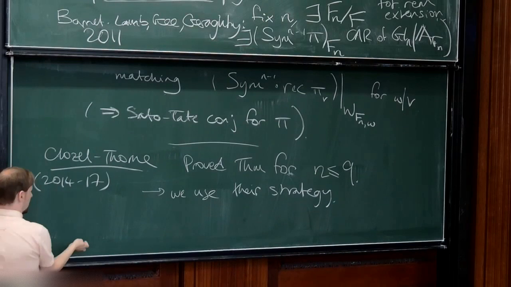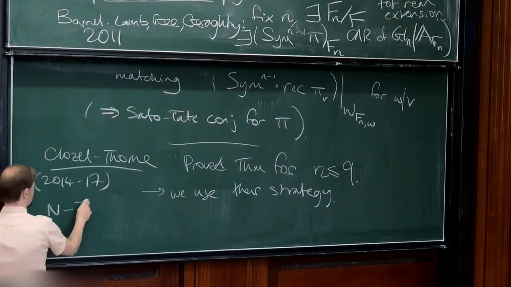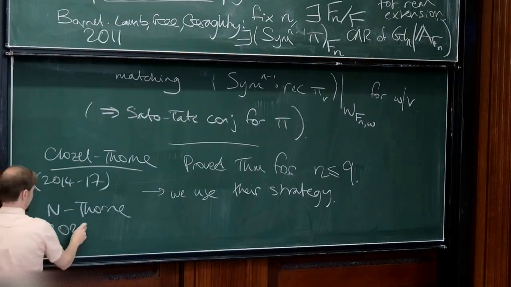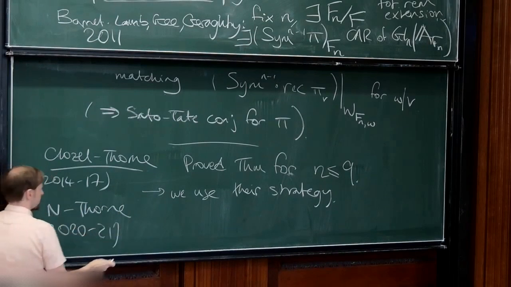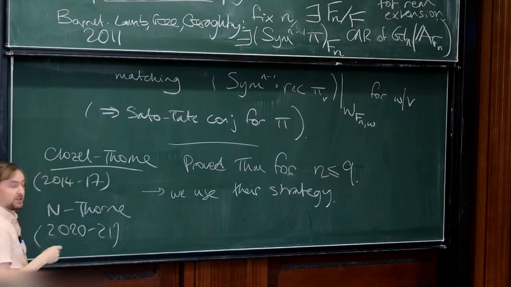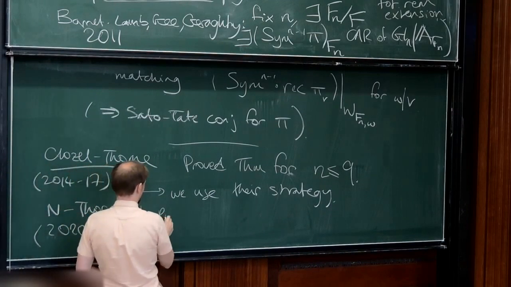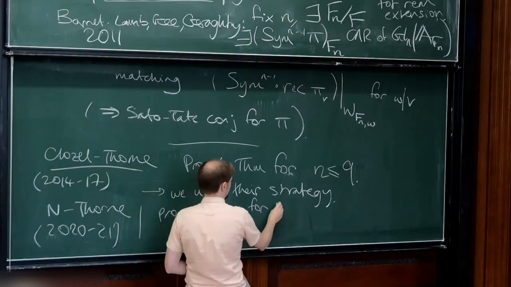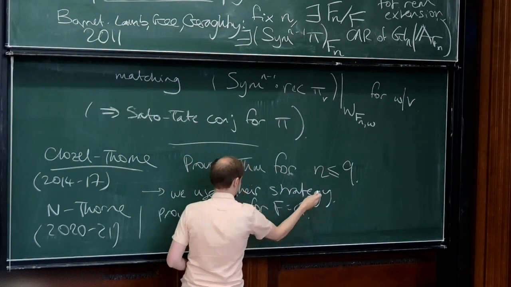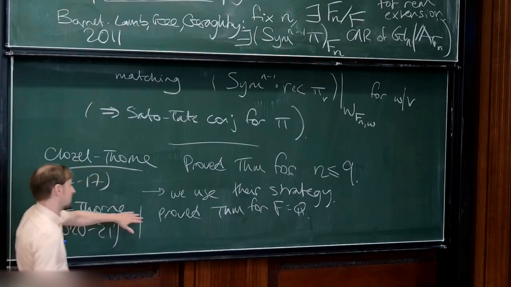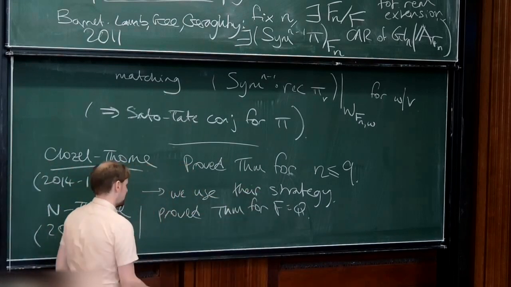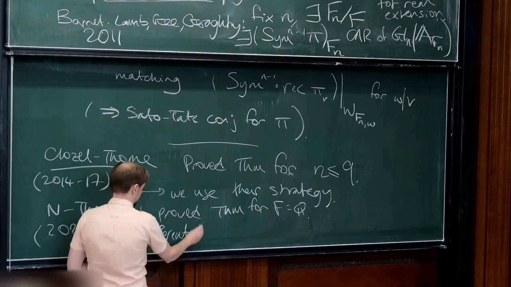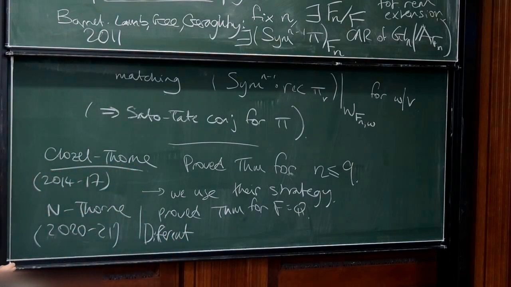Okay, and then more recently, Jack and I, maybe 2020, 21, something like that, proved the theorem when F equals Q, so for elliptic modular forms. And we used a different strategy to the Clozel-Thorne strategy. There are some commonalities, which I'll try to discuss during the rest of the talk.